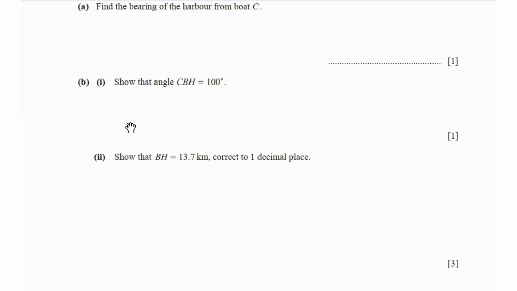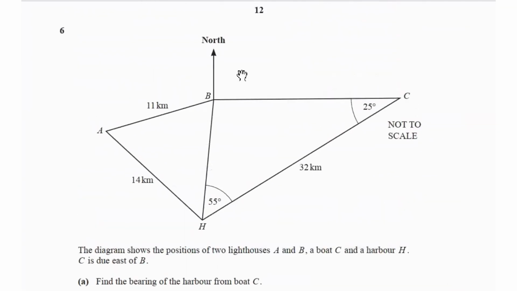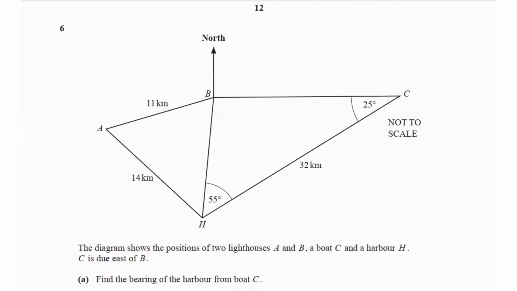Then it says show that BH is 13.7 kilometers correct to one decimal place. BH, this. So we know this is 100 degrees. To find this, we'll use the sine rule. Why? Because we have a complete set of angle and length. So we can easily use angle C to find the length of BH.